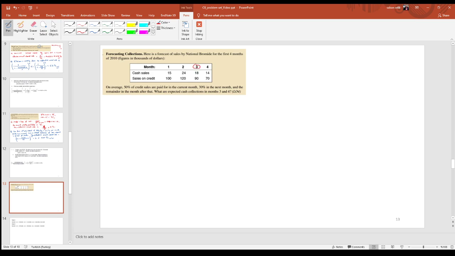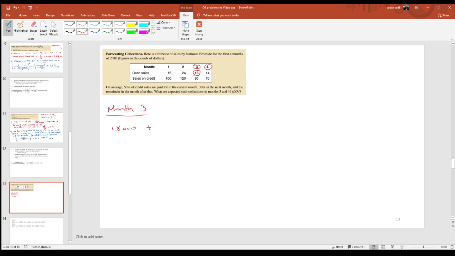So they ask us the amount of cash collected for this month. So let's calculate. For month 3, it is sure that we are going to collect 18,000 of sales in cash. It says 50% of credit sales are paid for in the current month.